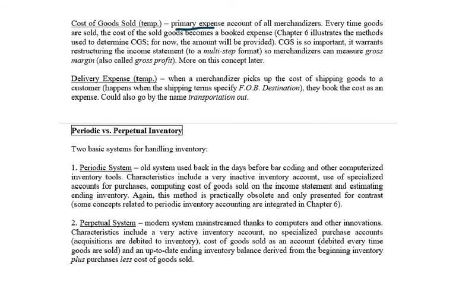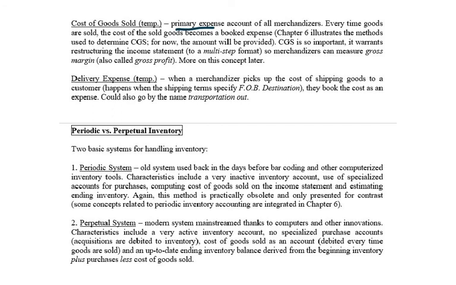Now exactly how you determine what that is, that's the next chapter. That's chapter 6. So for now, all you'll see in this handout, in this video, is just here's the amount that they determined to be the cost of the goods sold. And we'll just show you the mechanisms for how we book that. Now, because this is such an important account, we're actually going to change the look of the income statement.